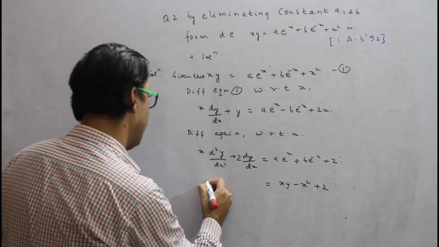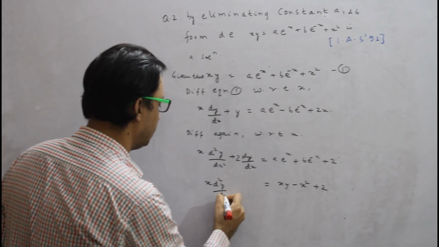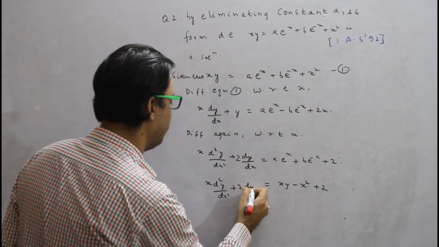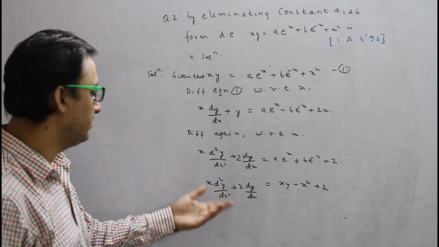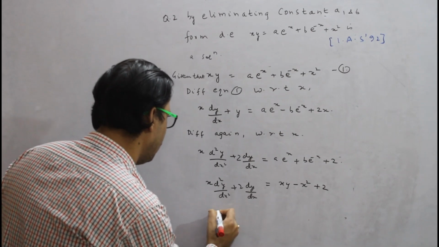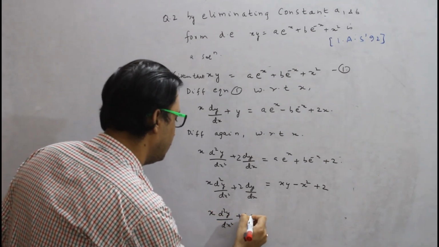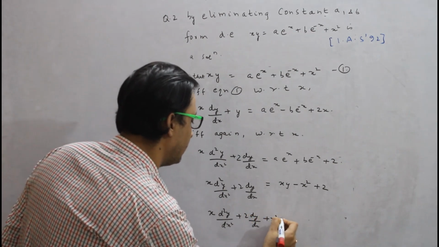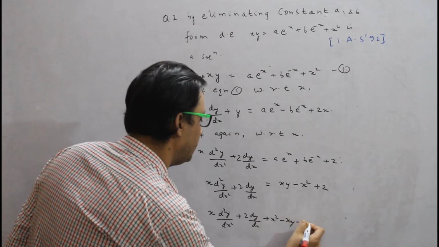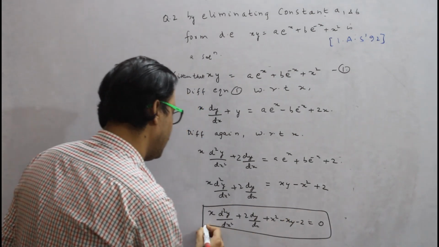So I can get my answer as x d square y by dx square plus 2 dy by dx. So this is our answer. If you want to present it more, we can write all of these on one side: x d square y by dx square plus 2 dy by dx plus x square minus xy minus 2 is equal to 0. So this is our answer.